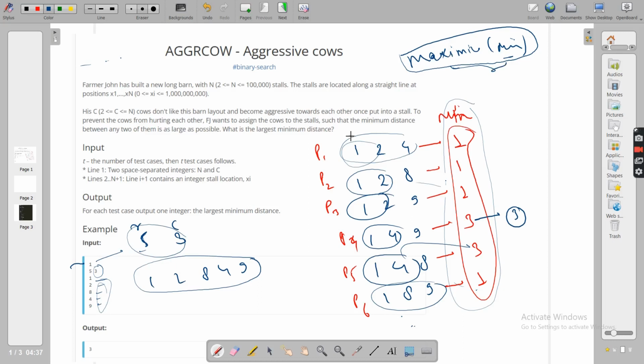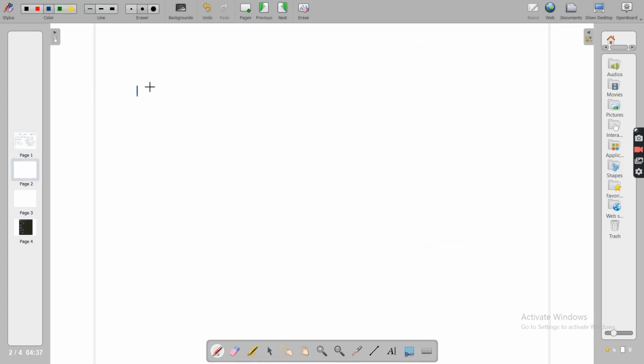Okay, now see what you can think of here. Because you want the minimum distance that is actually the greatest among all these possibilities, can you think in a way that let me try to keep cows. In brute force, wait, let me just use this 1 2 8 4 9. And we're having c cows and k stalls.